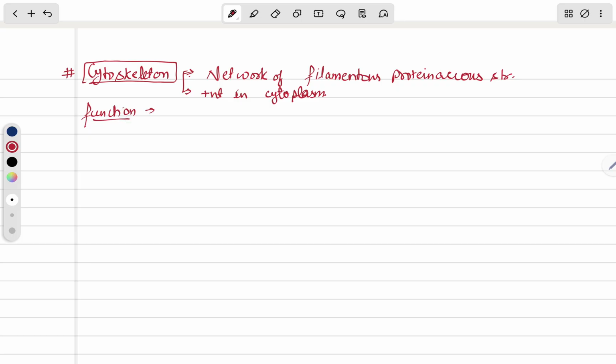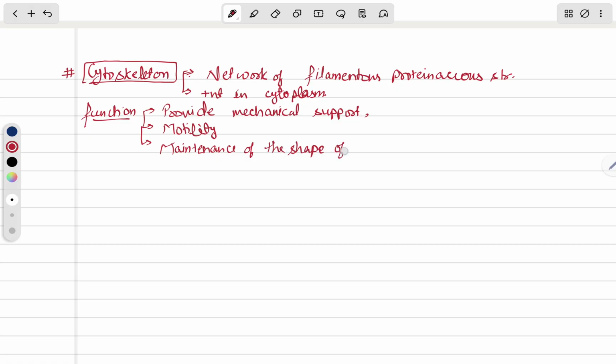The function is that they provide mechanical support to the cell, next they provide motility to the cell, and they are also involved in maintenance of the shape of the cell. So these are the functions of cytoskeletal elements.